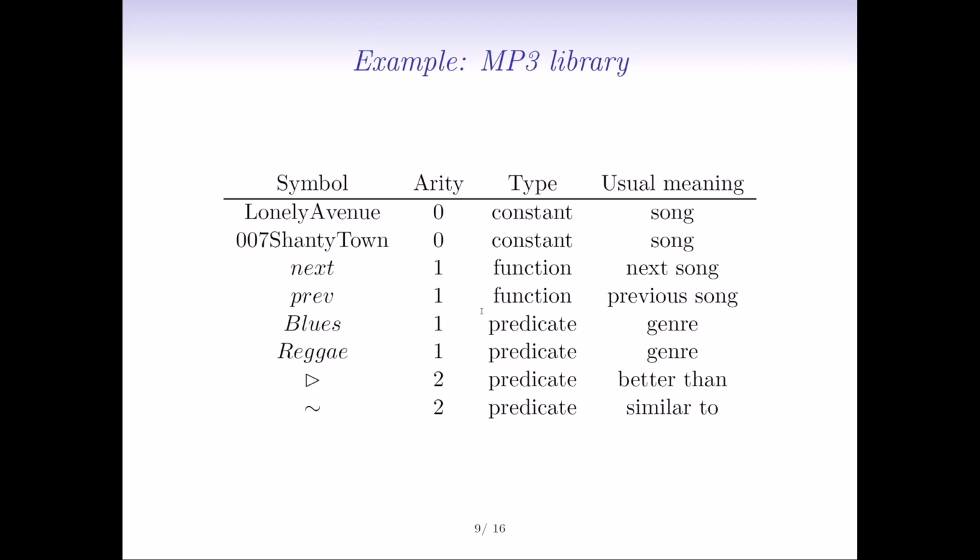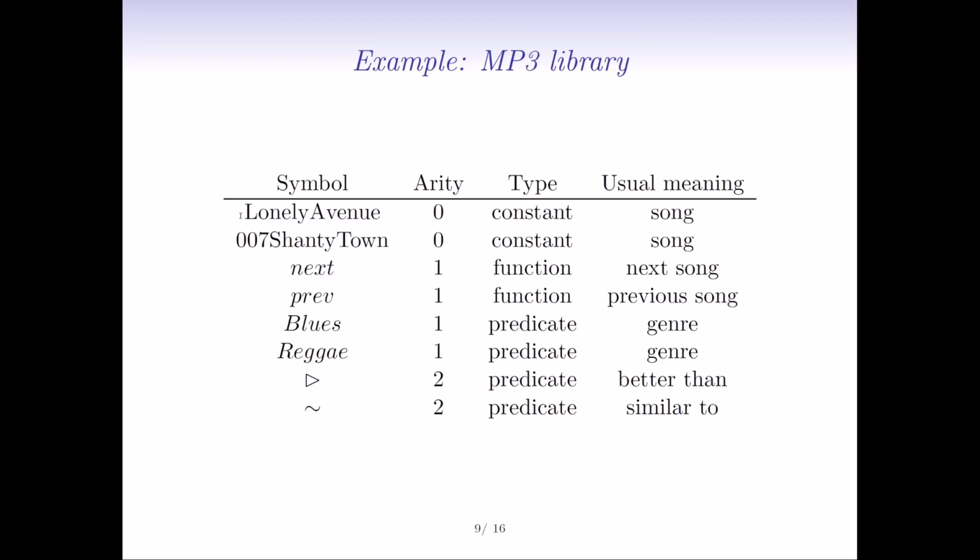So here I've taken an example which is supposed to represent a first-order language for my MP3 library. I don't know whether people still have MP3s or not, or whether all the kids have something else now. I guess they're all probably streamed. But anyway, I've got an MP3 library, and so I've come up with this kind of toy language for talking about it.